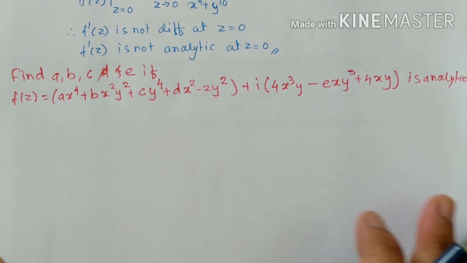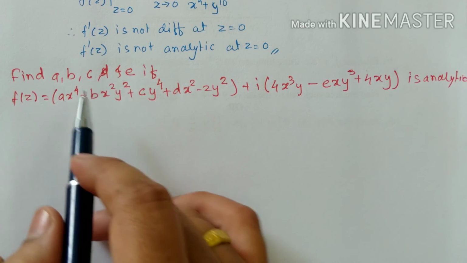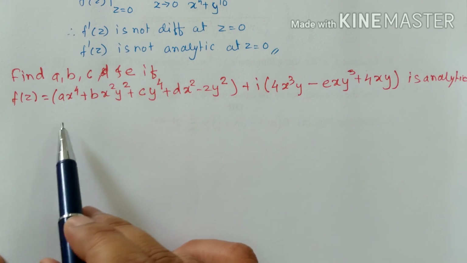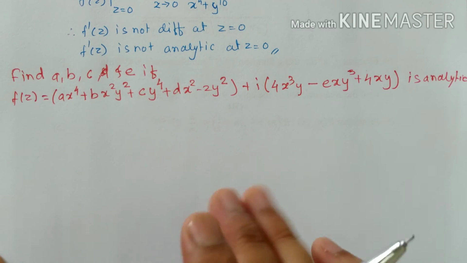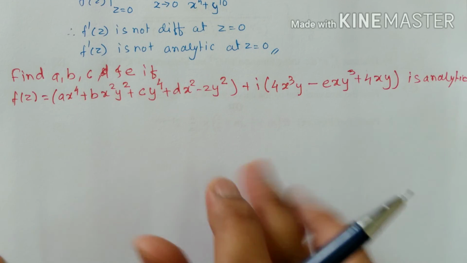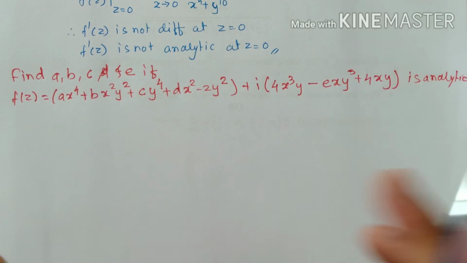So what are they saying? Find a, b, c, d, e. These constants you have to calculate, for what? The function becomes analytic. So we have to calculate all such values of a, b, c, d and e for which f of z remains analytic.